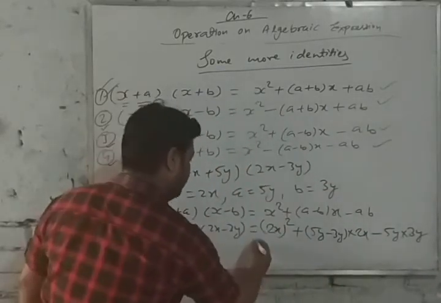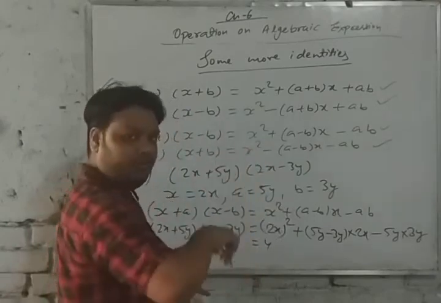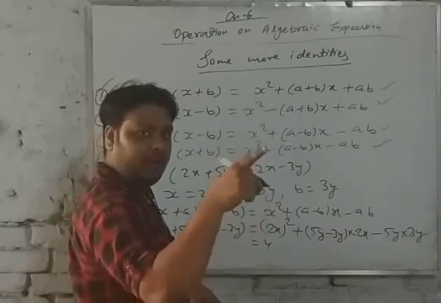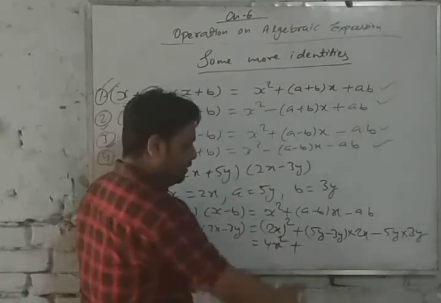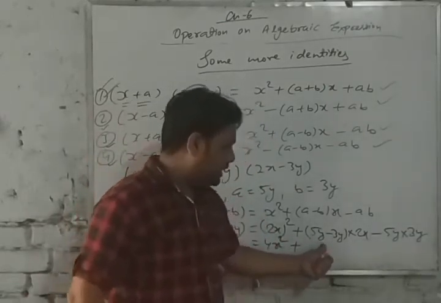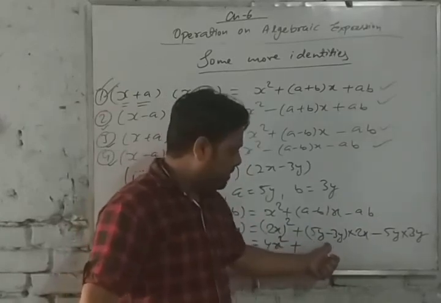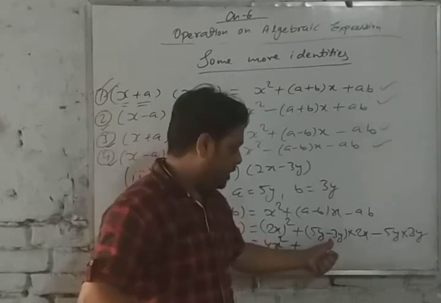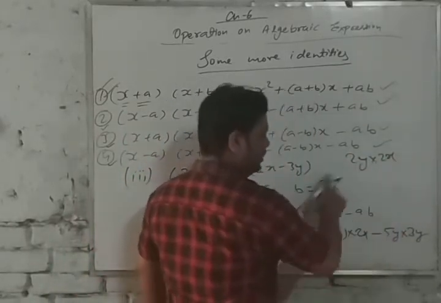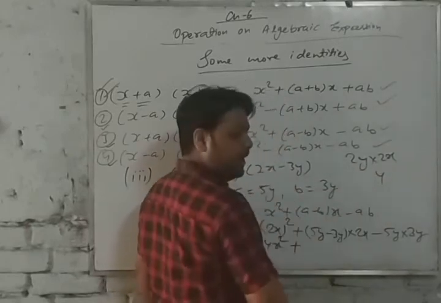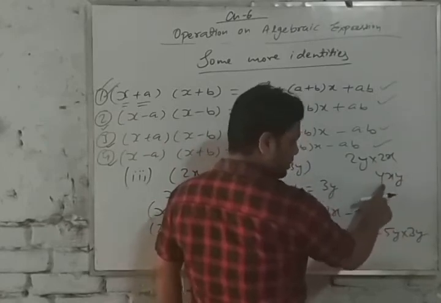Now solve it. 2 square is 4, again 2x into 2x, that is 2 times 2 is 4, and x into x, that is x to the power 2, x to the power 2 plus. Now here 5y minus 3y, you can see that both are like terms, both have the y variable, so we can subtract it. 5y minus 3y means 2y, and 2y into 2x, what is the value? 2 times 2 is 4, at first constant terms we will multiply, then variables, and both variables are unlike terms, so we will write xy alphabetically.